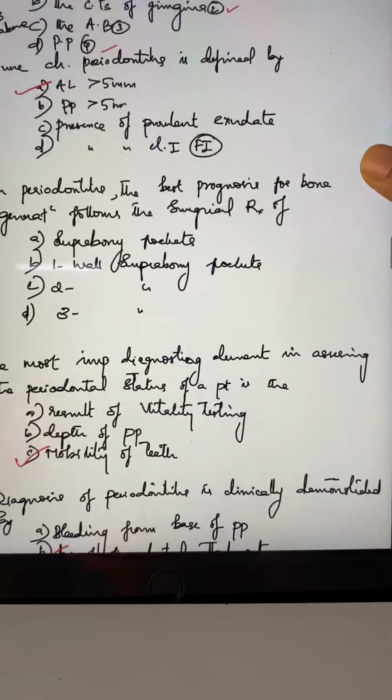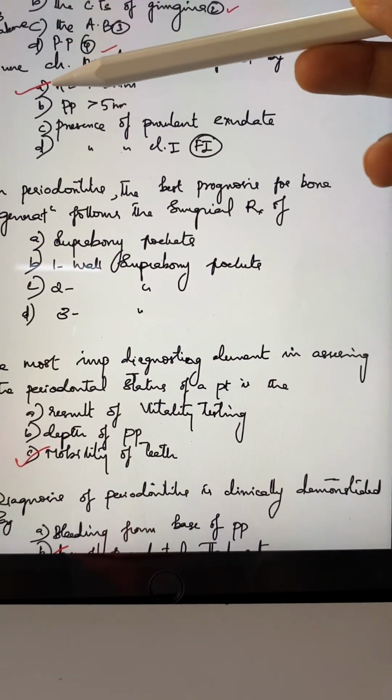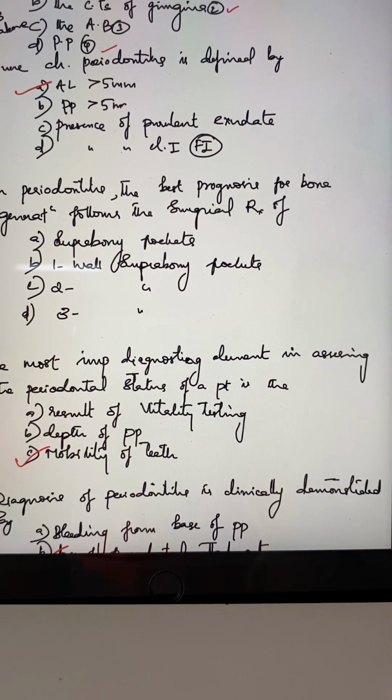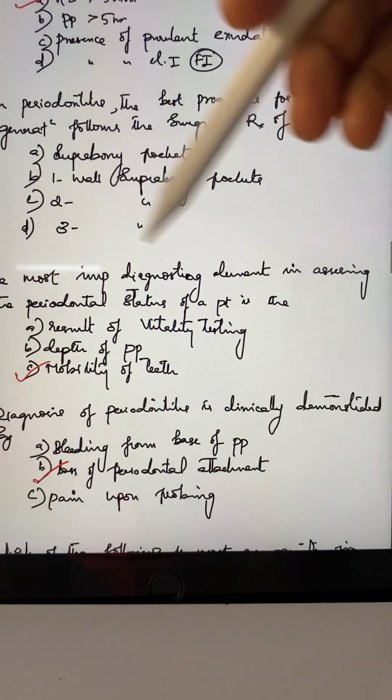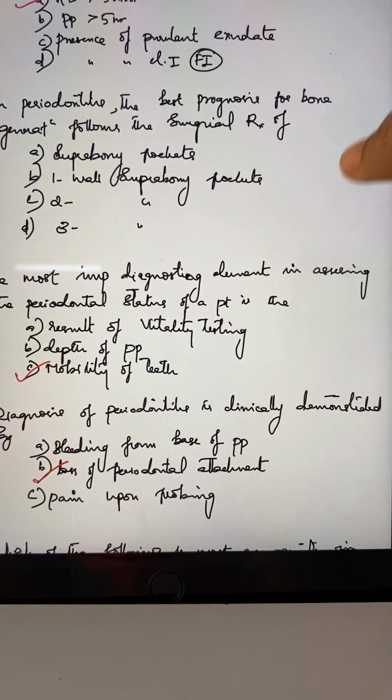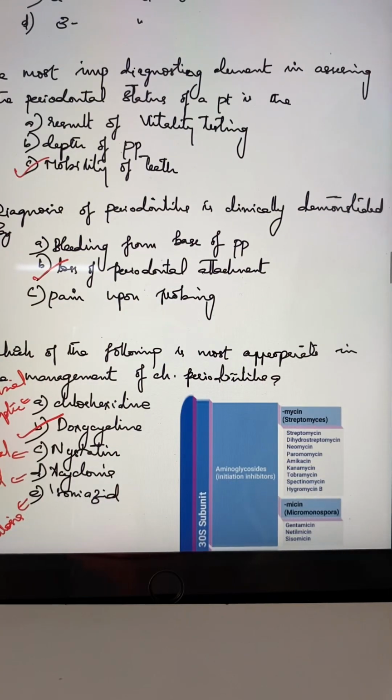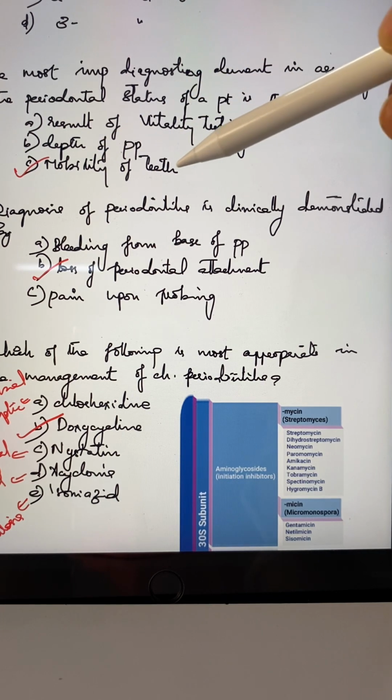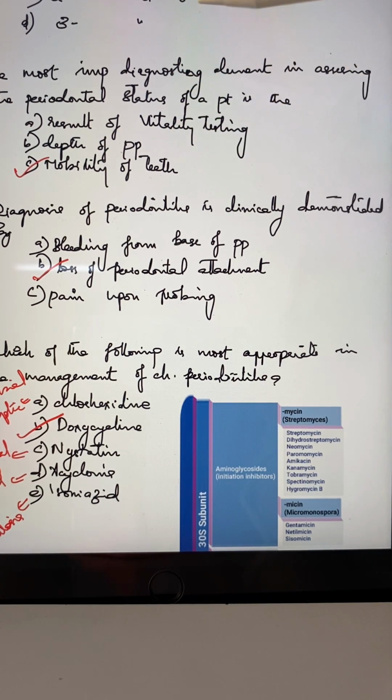Next is, severe chronic periodontitis is defined by attachment loss above 5 mm. I mentioned this earlier. This is a different topic that I will discuss later. Then the most important diagnostic element in assessing the periodontal status of a patient is the mobility of the teeth, not the depth of pocket or the result of vitality.